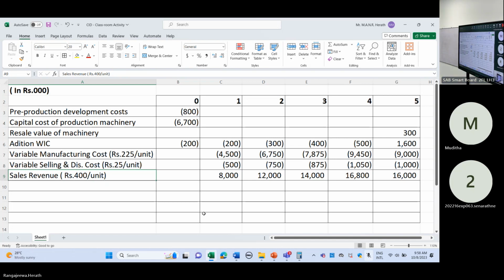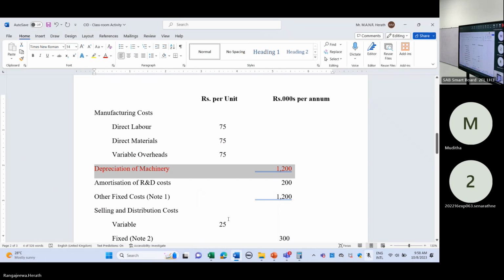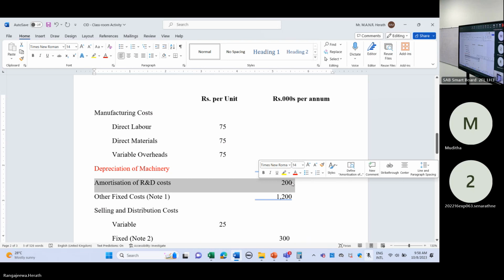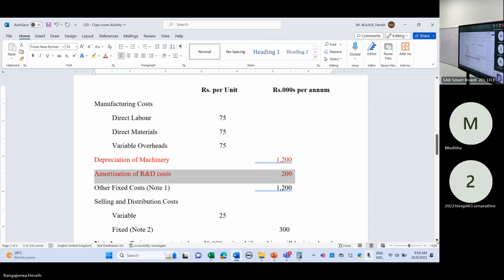Depreciation is a non-cash flow item. Amortization of research and development cost is also not a cash flow. Other fixed cost is 1,200, and there is a note on it.